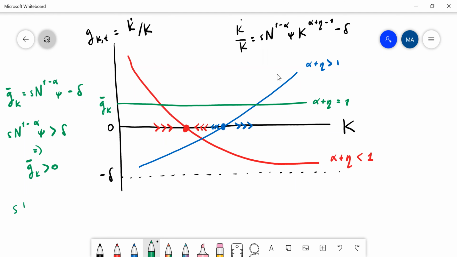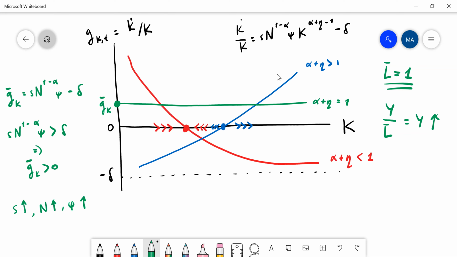And of course, it requires either s is large enough or n is large enough, or C is large enough, right? So that particular condition requires that. But eventually what we see is that there is this constant growth rate and the economy enjoys constant growth. Why do we like that? Because in the green case, we already assume that labor is fixed, right? So if labor is fixed, GDP per capita is basically aggregate GDP, right? Then the growth in aggregate GDP explains growth in capital stock.